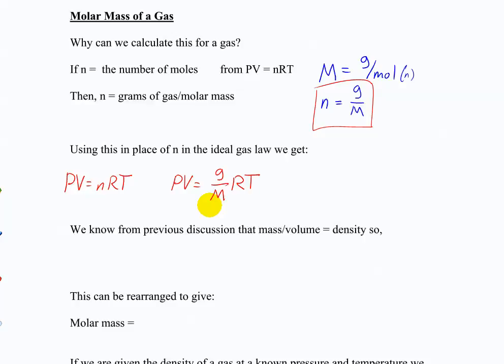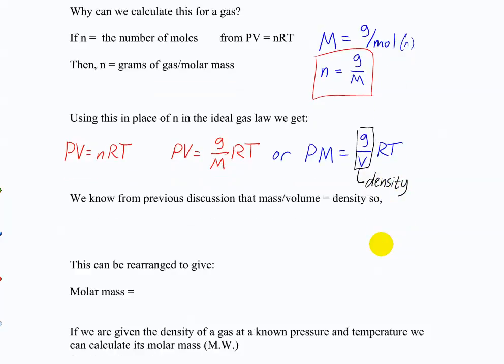Okay. Now we can also switch volume and molar mass and say that the pressure times the molar mass equals the mass per volume, RT. And what is mass over volume? Density. Oh, it says right there.